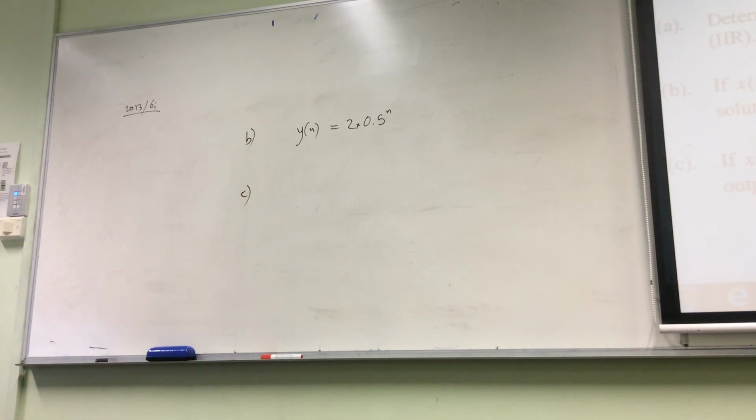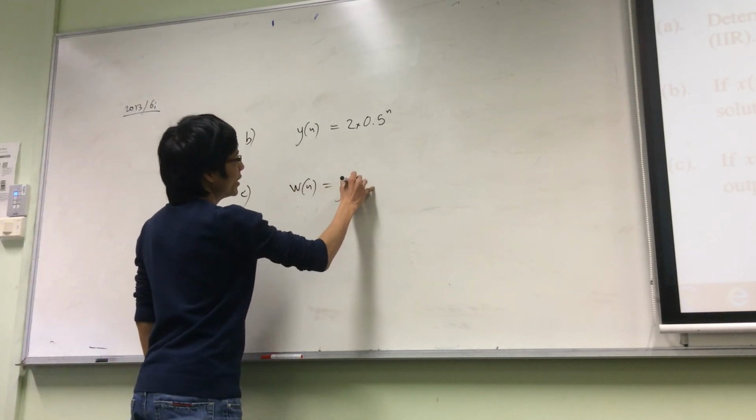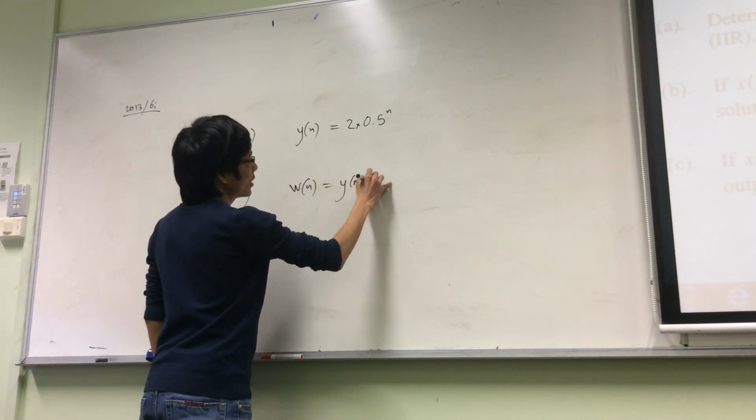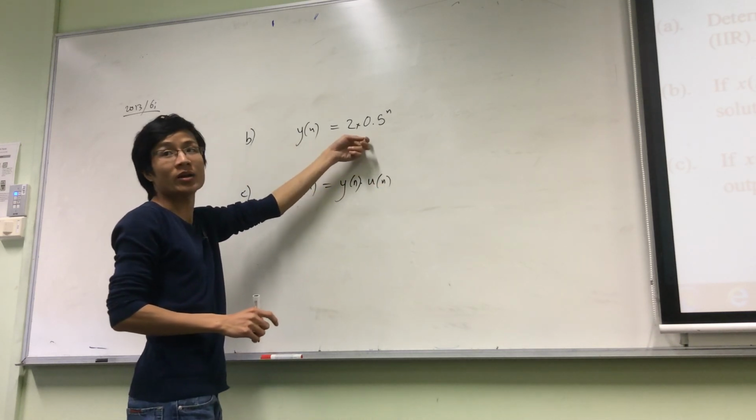what it gives you: if xn equals the same thing as the previous one, find the z transform of wn equals yn multiplied by un. So yn is here, so simply multiply un by this one.